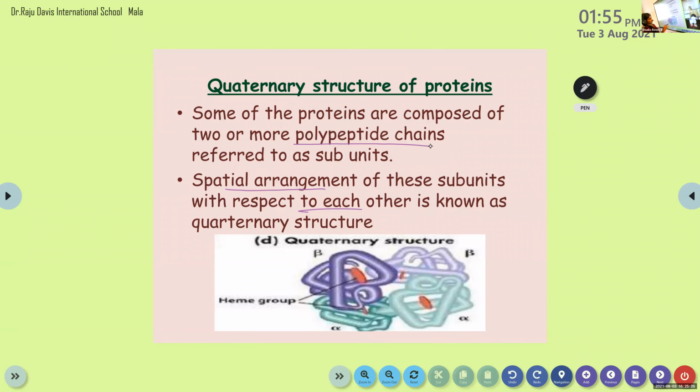In this figure, each colored polypeptide chain, that means there are 4 polypeptide chains here in this protein. That's why they are shown in different colors. That's the quaternary structure of protein.